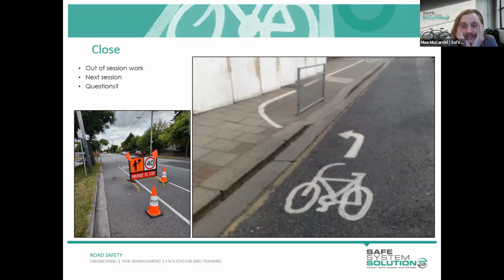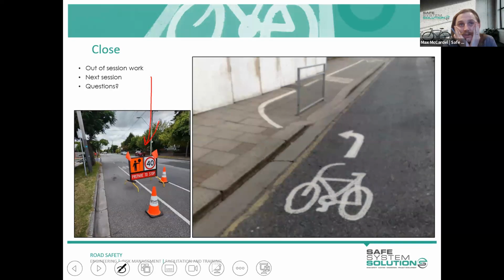I just wanted to quickly touch on this one about if you're doing any traffic management works around bicycle lanes. It's very, very common to see traffic management signs being used within the bicycle lane itself, or blocking off the lane, or no detours being put in place where there are bicycle lane closures.